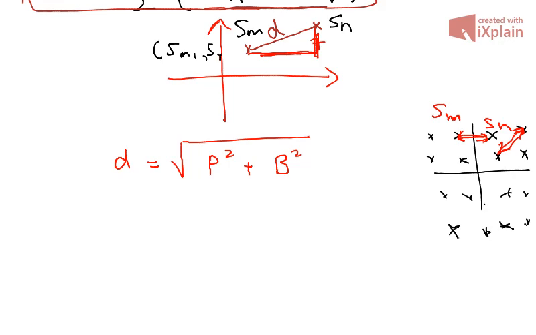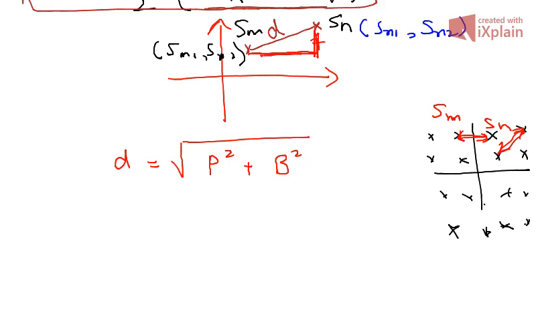Similarly, your Sn would have 2 coordinates, Sn1 and Sn2.